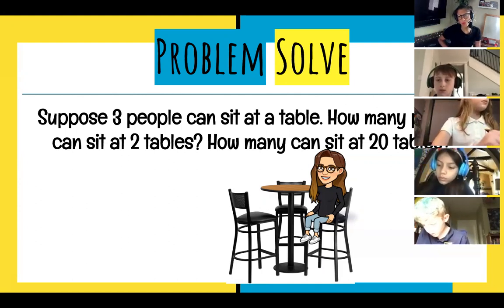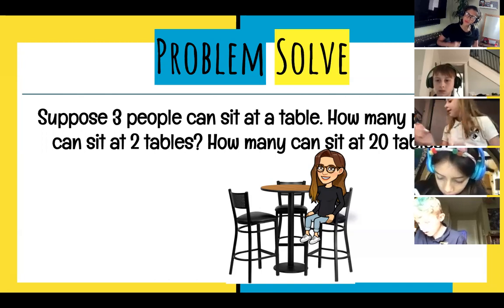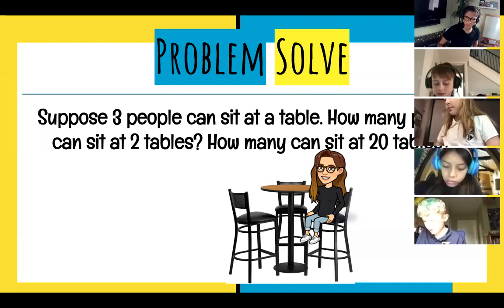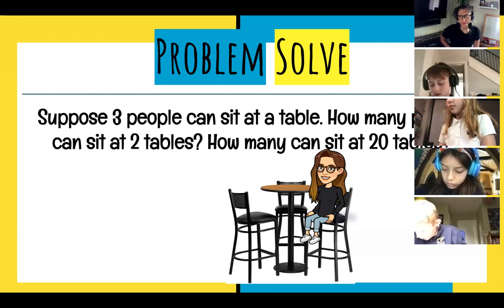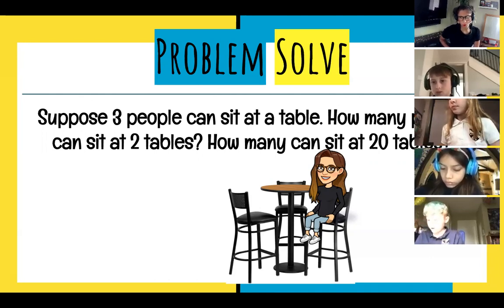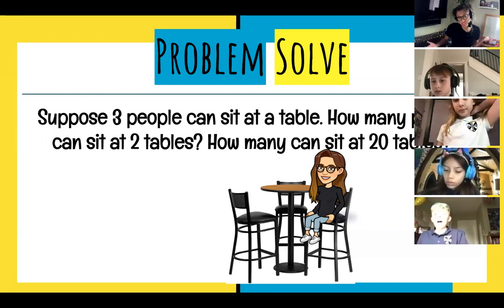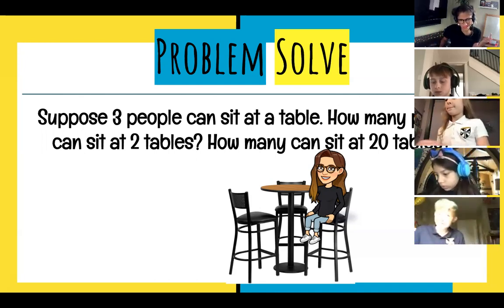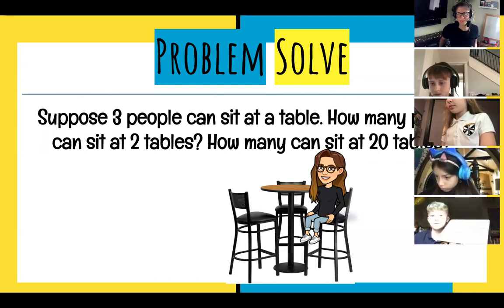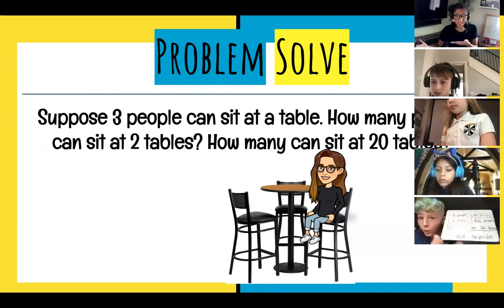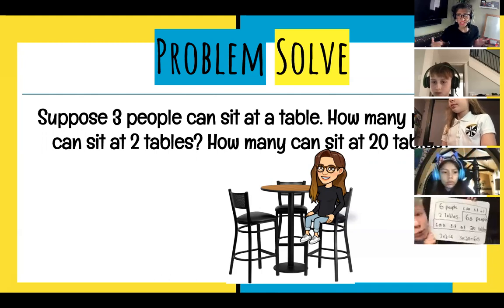So the reason why you were able to solve this mentally is because you've got basic facts in there. All of you know your 3 times table, so you knew 3 times 2 equals 6. And then you said, wait a second, if 3 times 2 equals 6, aren't I doing the same thing? 3 times 20 equals 60.